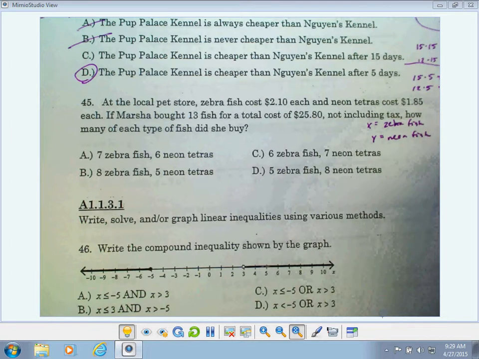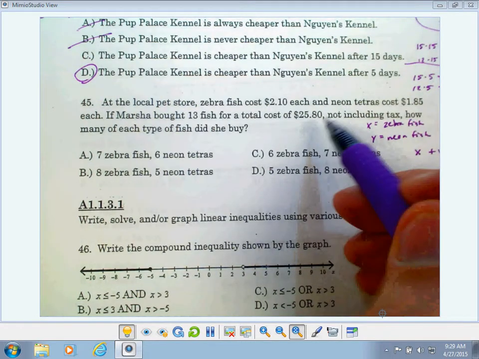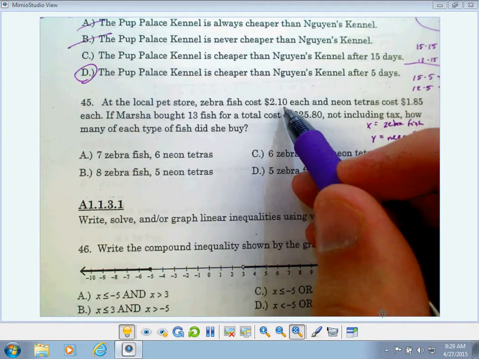So one thing we know for sure is that if you add the zebra fish and the neon fish together, she bought 13 total. So it would just say take the X, the number of zebras, and the number of neons, and it has to total 13. So that's one thing we know. The other equation we know is that she paid $25.80 total. So she paid $2.10 for each zebra.